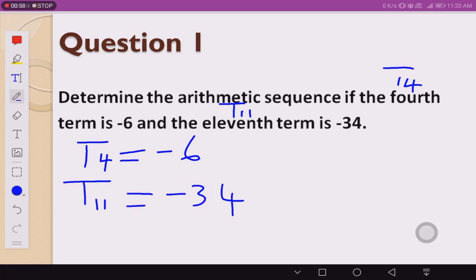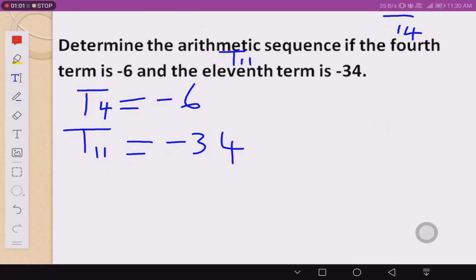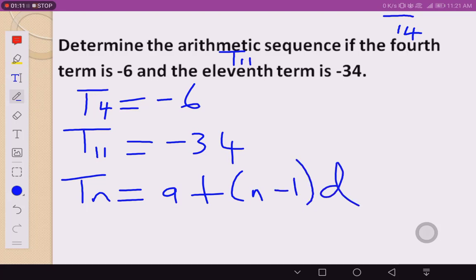We are going to use the nth term formula together with this information. We said our Tn is equal to A plus (n minus 1) times D, so I'll use it for this one and also for this one.